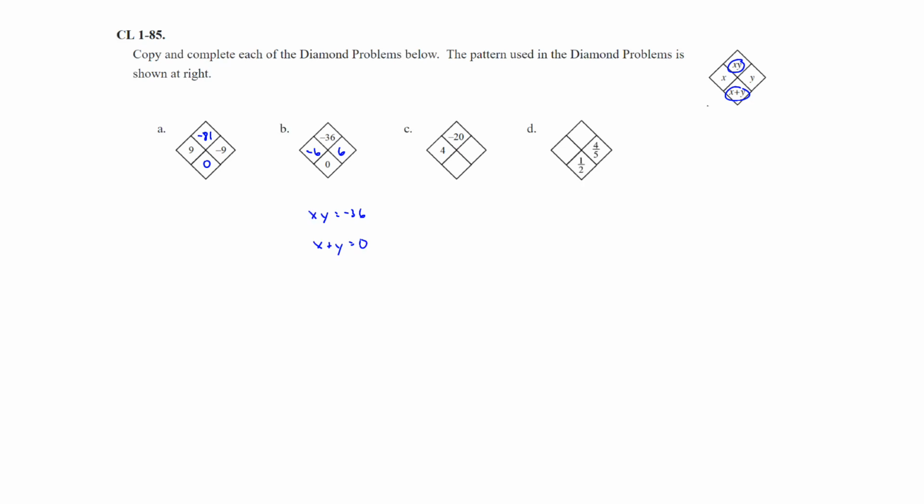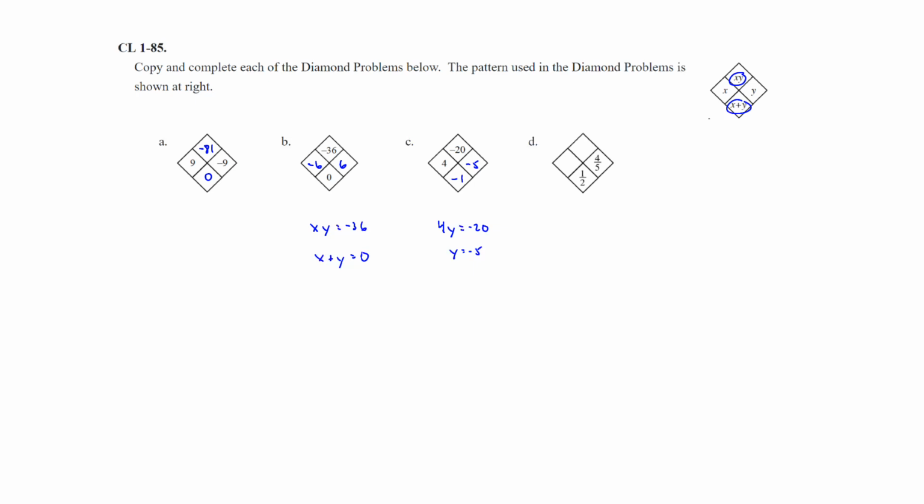So 4 times what gives you negative 20? 4 times what gives you negative 20, and that would be negative 5. So we know over here that should be a negative 5, and then when you add them up, you get negative 1. On this one, we don't know the x value, so the question is 4/5 plus x is supposed to equal 1/2, and so we can subtract 4/5, 1/2 minus 4/5. You do need to find a common denominator, which would be 10.